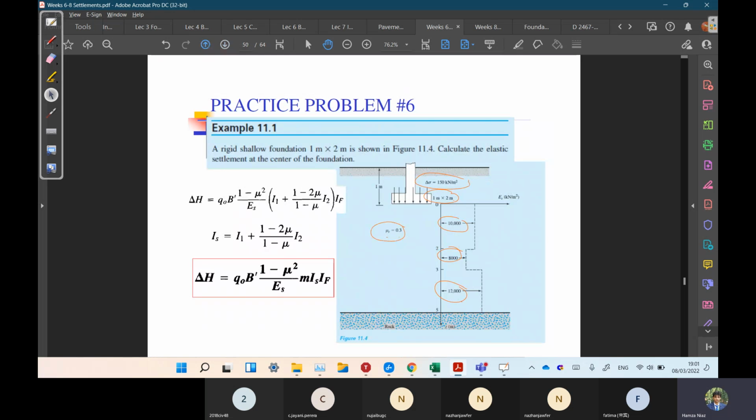If we move to this question, we know that the depth of foundation DF is equal to 1 meter. The width of foundation, the smaller value, is also 1 meter. So DF over B is equal to 1. Second, we have to find L over B, where L is 2 and B is 1, so L over B is 2.